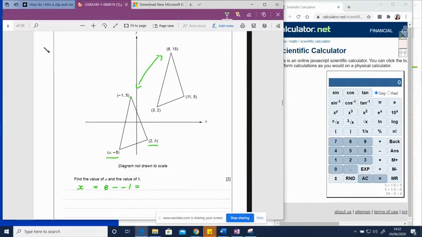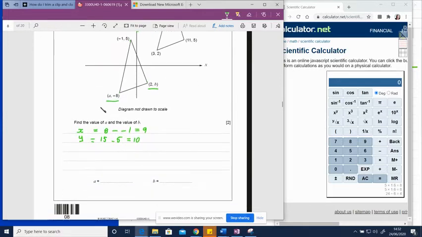So it's 8 minus minus 1, which is 8 plus 1, which is 9. So the relationship of the x value of these 2 points is that the x value has moved 9 places to the left. Now the relationship of the y value of the same coordinates are 15 minus 5, which is 10. That means the y value has moved 10 places down. So because we know this, we can apply them to these values here.